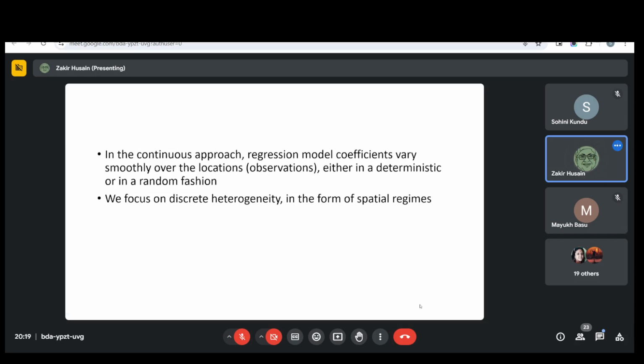On the other hand, if we have discrete heterogeneity, we have spatial regimes. So within a particular cluster of regions, the association between y and x remains the same. So the coefficients and intercepts are all going to remain the same. Once we move from this cluster to another cluster, the causal relation between y and x changes, and we end up with a different regression model.